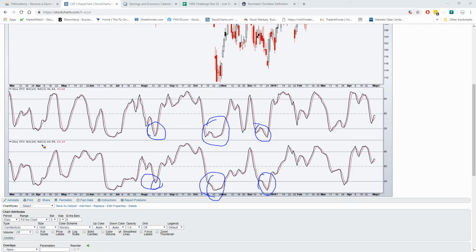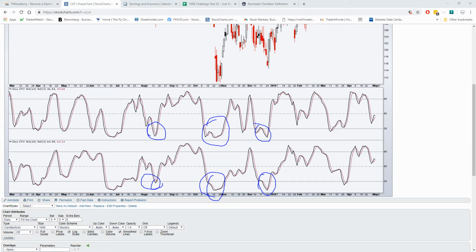The more accurate some of the reads are going to be, but also the reads are going to be a little more laggy, meaning they're not going to be as instant, they're not going to be as quick. So you give up a little bit of accuracy for timing, or give up a little timing for accuracy. And for each trader, it comes down to how they prefer to use it.